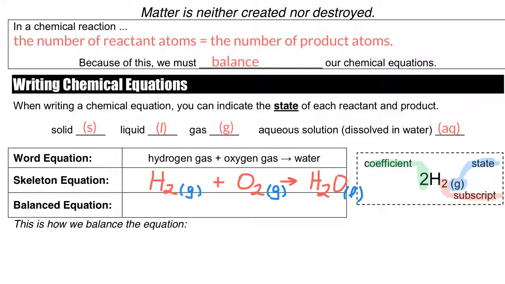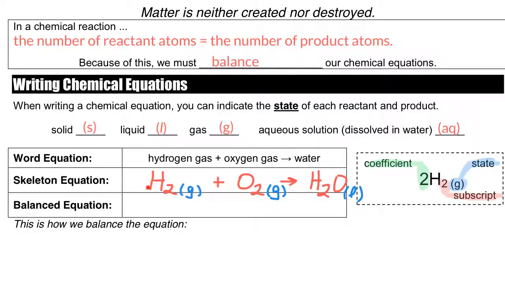If I look at my example, on the left-hand side of the arrow, on my reactant side, I have 2 atoms of hydrogen. On the right-hand side of the arrow, on my product side, I have 2 atoms of hydrogen. So I have the same number of hydrogen atoms on the left and on the right, so that's okay. That satisfies the law of conservation of mass. If I look at oxygen though, on the left I have 2 oxygen atoms, but on the right I only have 1.